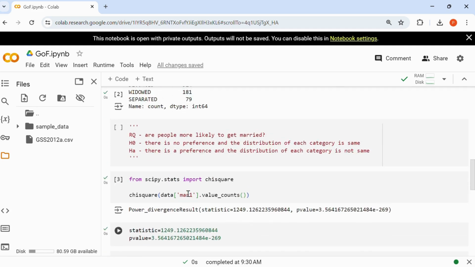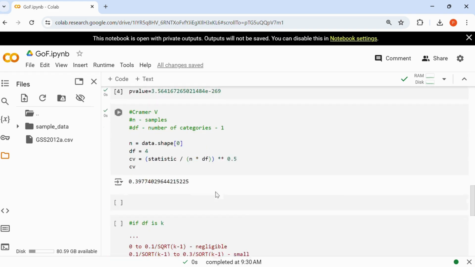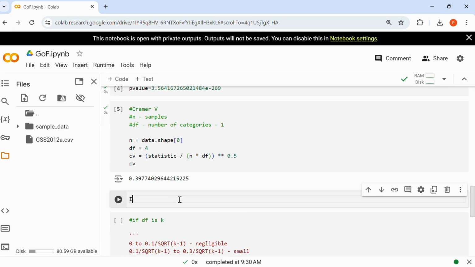At the end, our conclusion will be that in the population the different categories are not evenly distributed.